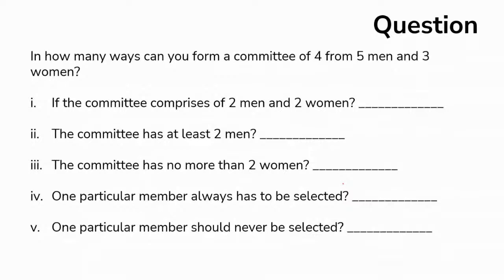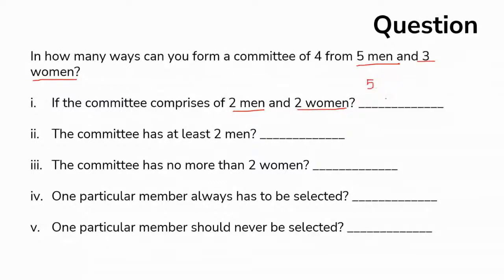In how many ways can you form a committee of four from five men and three women? So totally they have asked for four members from five men and three women. In the first case, if the committee comprises two men and two women, how do I form it?